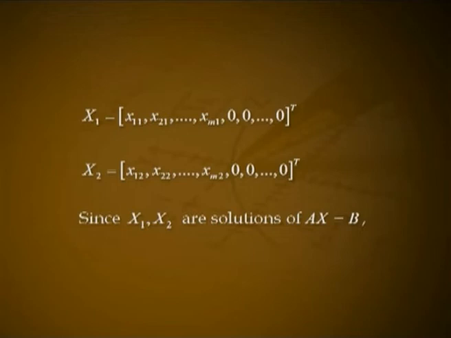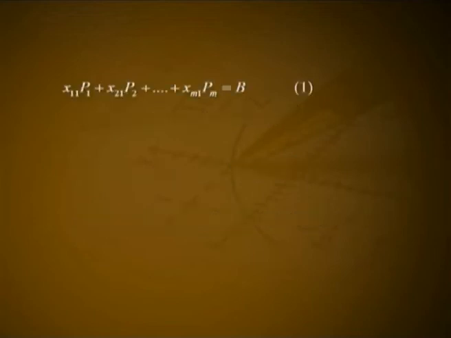Since x1, x2 are solutions of Ax = b, x11p1 + x21p2 + etc. + xm1pm = b, let it be 1, x12p1 + x22p2 + etc. + xm2pm = b, let it be number 2.